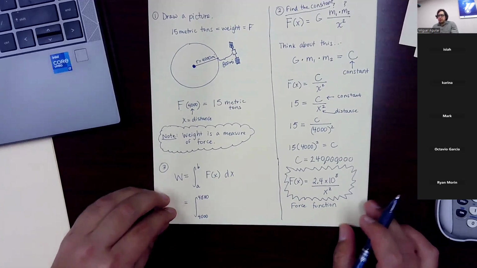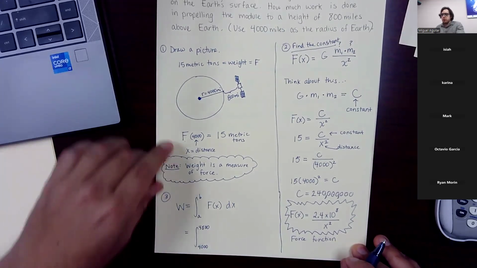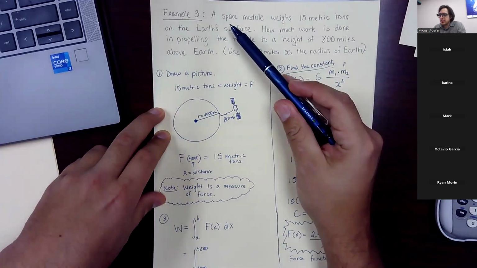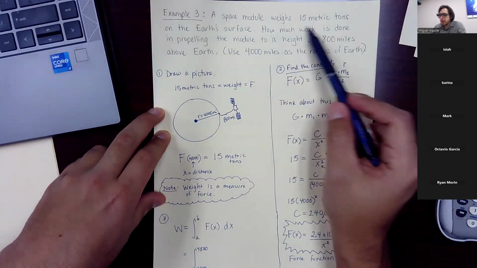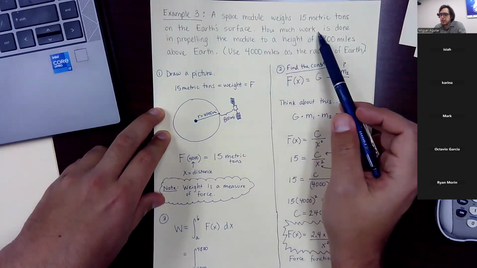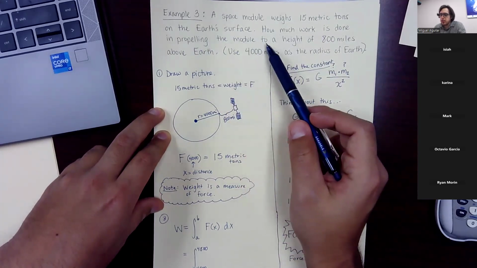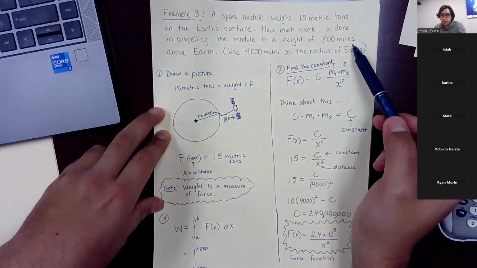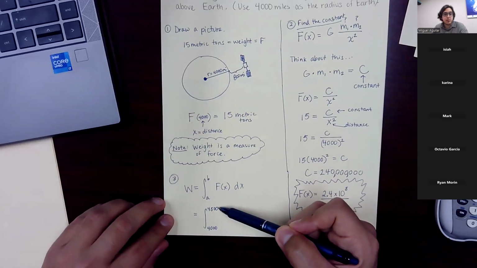But I'm having a little bit of pause here because I think what we want to do is read the problem again. It says a space module weighing this much, right, 15 metric tons, is on the surface of the Earth. How much work is done in propelling the module to a height of 800 miles? Okay. So like the final distance from the center of the Earth would be that 4,800. Are you guys okay with that?